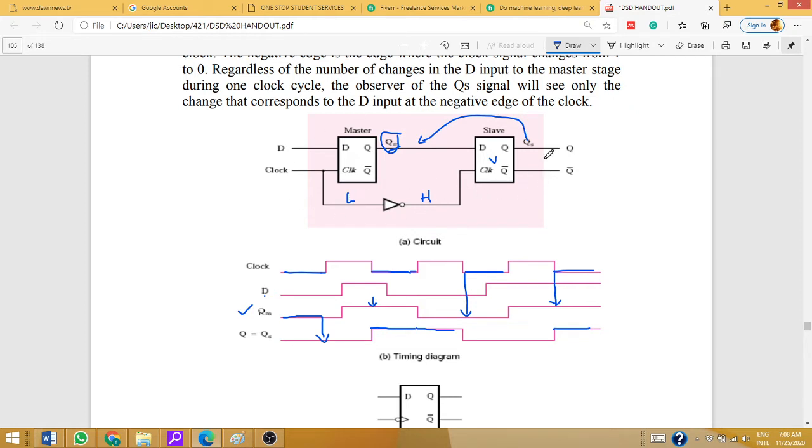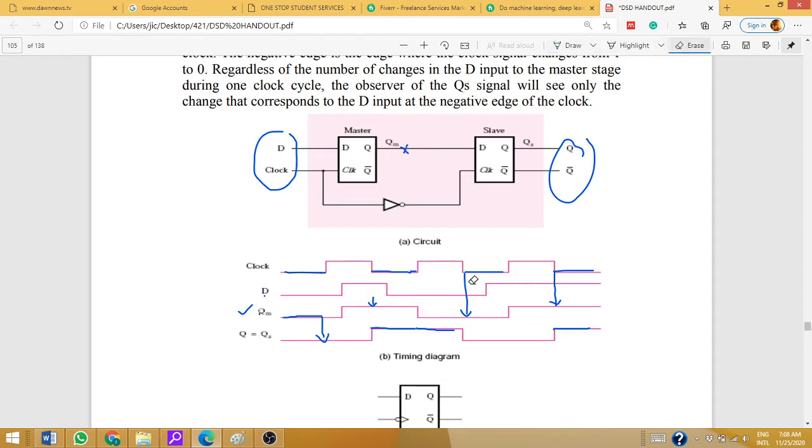If we see it as a broad picture now, when we combine this, we are going to discuss it in this perspective. We are looking at D, clock, Q and QS now. We are not interested in the intermediate QM now.